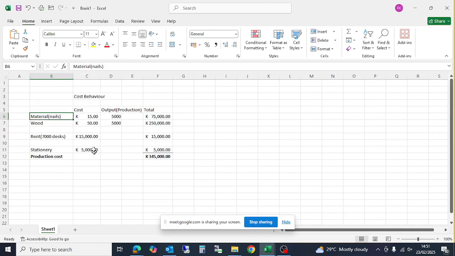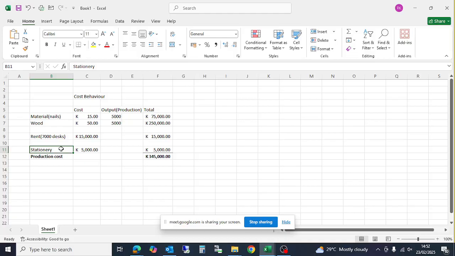I was looking at these costs. So we have direct materials here, nails, wood, and we have rent and stationery. Since we are looking at cost behavior, we want to see how these costs relate to production.